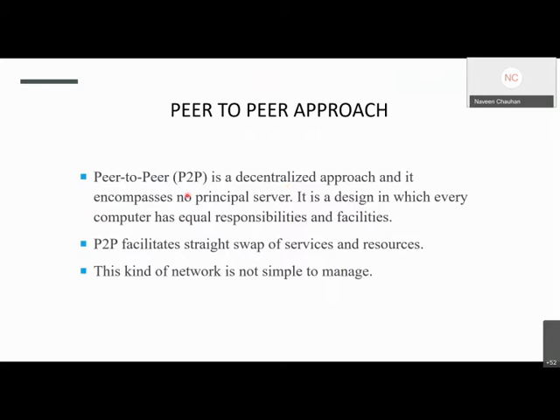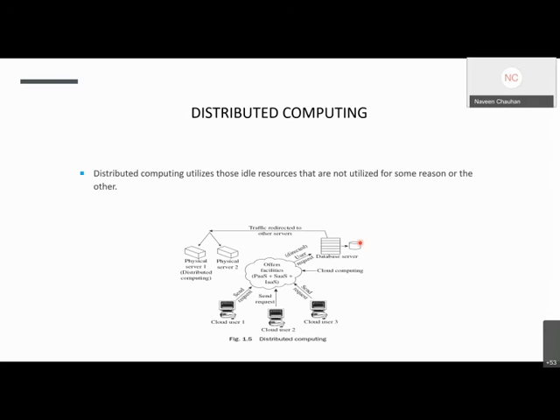This peer-to-peer approach is a decentralized approach, and it encompasses no principal server as we have in the case of mainframes. It is designed in such a way that every computer has equal responsibilities and facilities. So what we perceive in this peer-to-peer approach is that each and every machine has equal capabilities, equal responsibilities, and equal facilities available to them. So this is what we usually call a peer-to-peer approach.